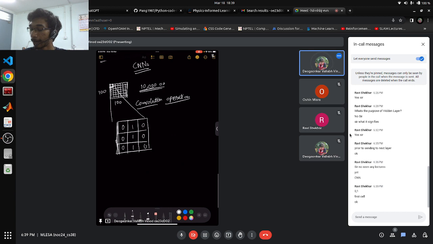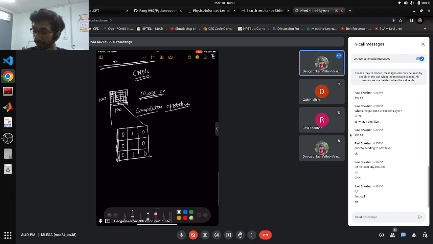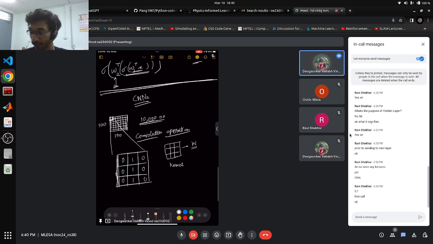So what we try to do with the convolution operation is that you take something called a kernel, and very often this kernel is another 3 cross 3 set of numbers, and that corresponds to the W part, the weights that you saw in the classical neural network.